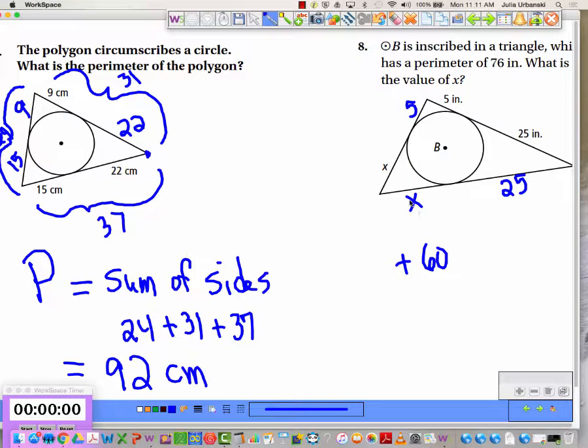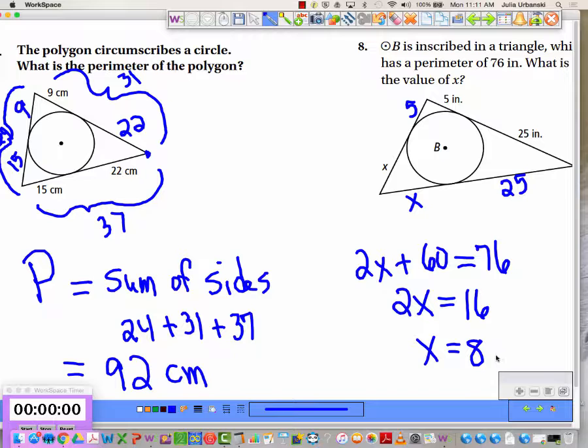Combine them. 2x. 2x plus 60 all adds up to, go back and look at the problem. What would the perimeter be? 76, and that's what you solve from. Okay? So it's all different kinds of problems, but all the same clues, that the tangents would be equal to each other. Subtract 60 from both sides. X equals 8 inches.